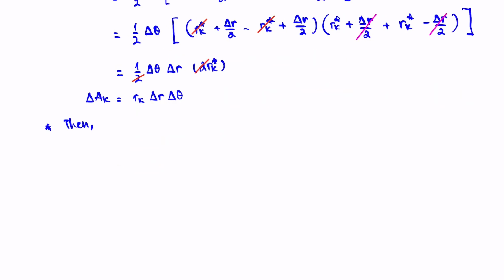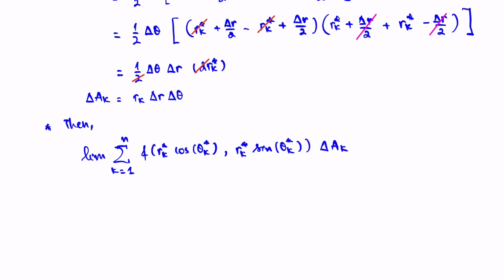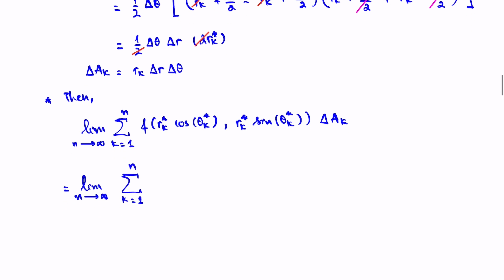Instead of the Riemann sum we saw earlier, the limit as n goes to infinity of the summation for k going from 1 to n of f of r_k star cosine theta_k star, comma, r_k star sine theta_k star, times delta A_k, the limit now becomes the same sum, but we replace delta A_k by r_k times delta r times delta theta. So you have r_k star times delta r times delta theta.